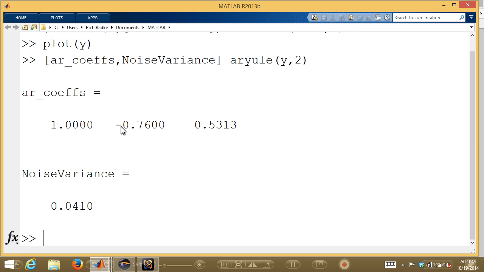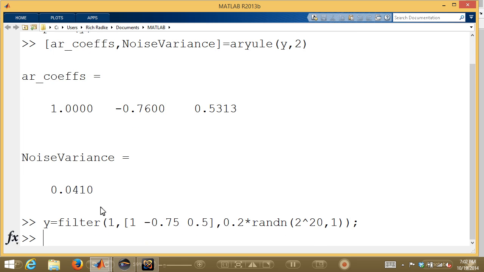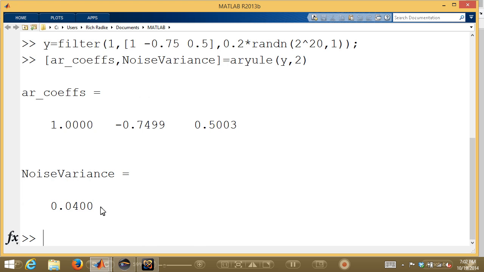This is pretty close to the coefficients that I put in. I expect to get -0.75 and 0.5. I'm a little bit off, and my noise variance is a little bit high. But the longer of a realization I have, the more data that I see, the better my estimate is. So you can see here, now my estimate is really quite good.